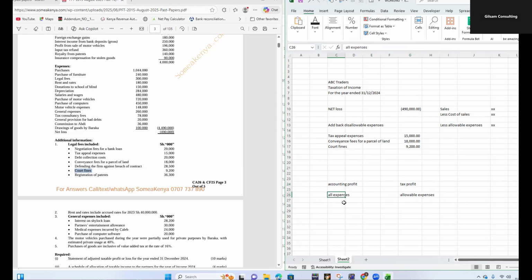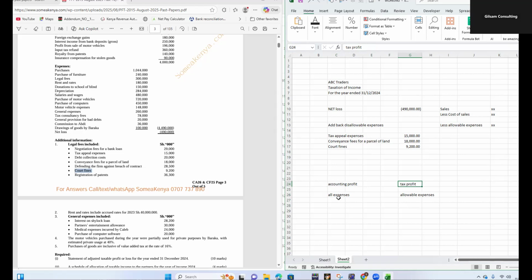For example, depreciation. In accounting, most companies say maybe we charge 25% depreciation on a reducing balance basis. Another company will say I charge 30%. That is your accounting perspective. But when it comes to the tax profit, for depreciation allowance we provide a specific rate, 10%, that cuts across all businesses.